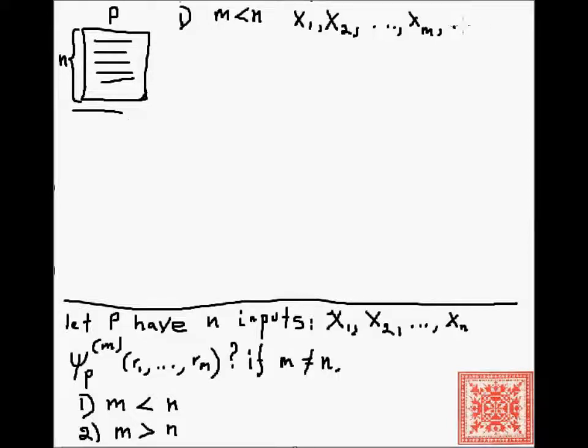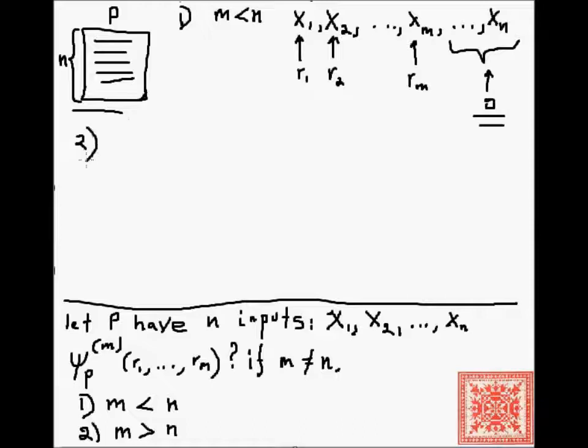And we place the inputs into the first m variables. R1 goes into x1, R2 goes into x2, and then Rm goes into xm. Now, the remainder of variables default to 0. So in case of insufficient inputs, all of those variables that are not given a value default to 0.